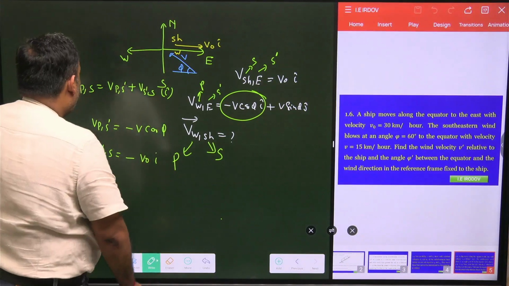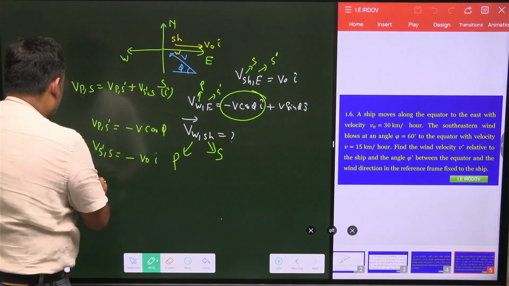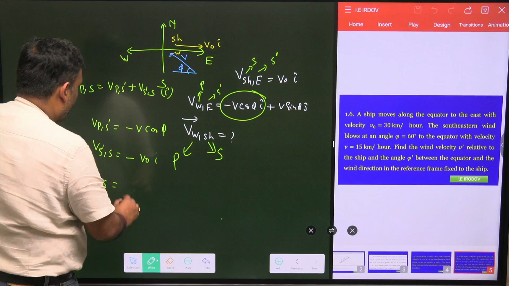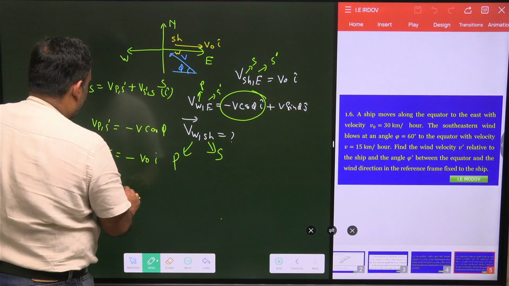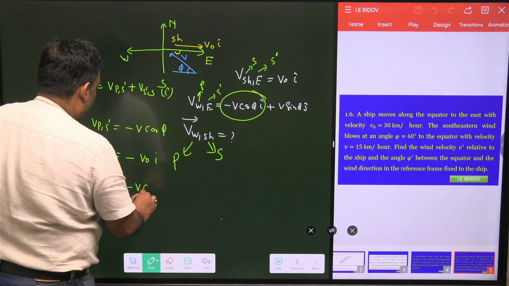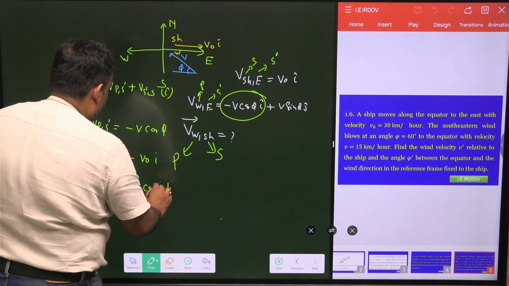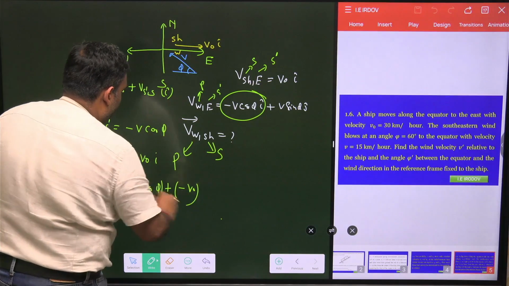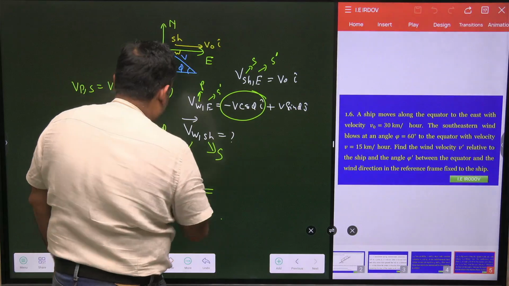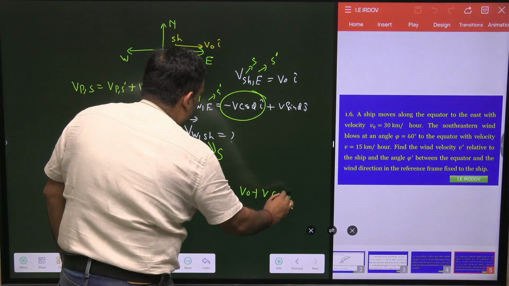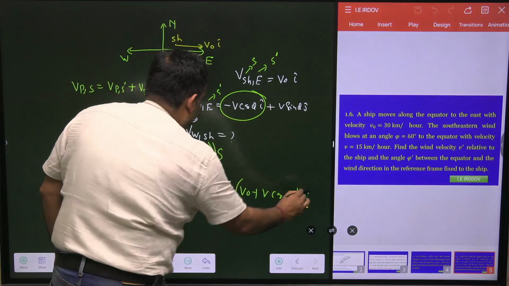And what will be this formula? The velocity of a particle with respect to S is equal to minus V cos phi plus minus V naught, and this value we can write as minus V naught minus V cos phi. So this is in the I cap direction.